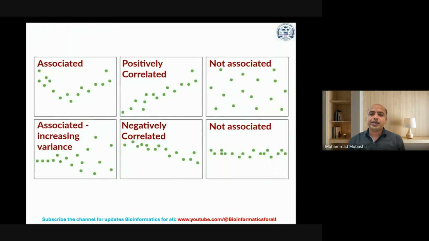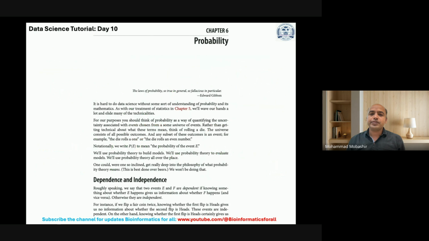After that, I said that I will be starting the introduction to probability and different terms and terminology which are mostly used for data science and any kind of basic statistical analysis. So here you could see that this is chapter number 6 in that book, which I am going to cover overall.